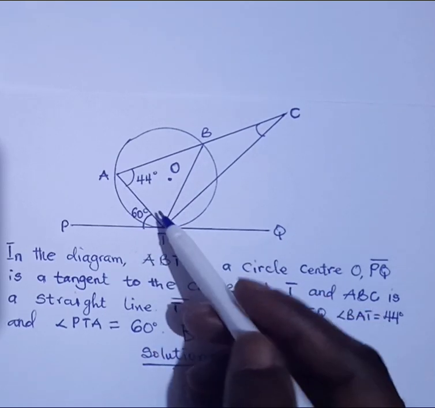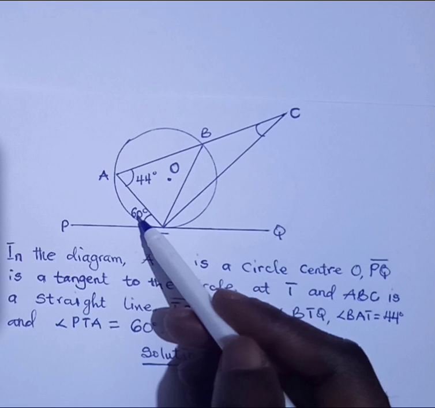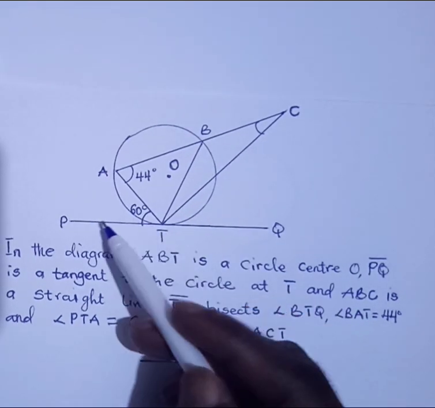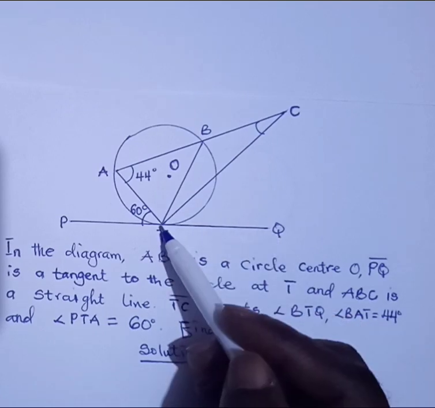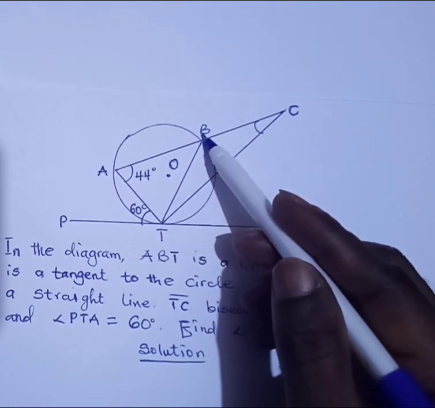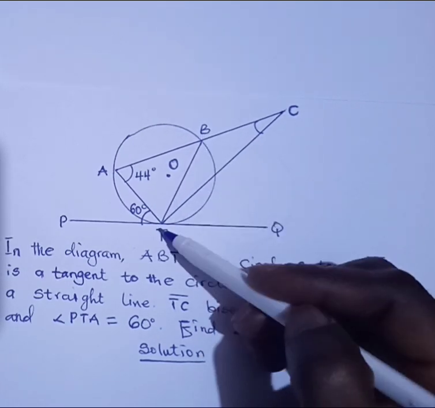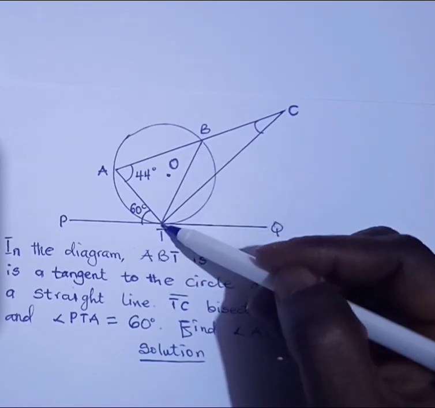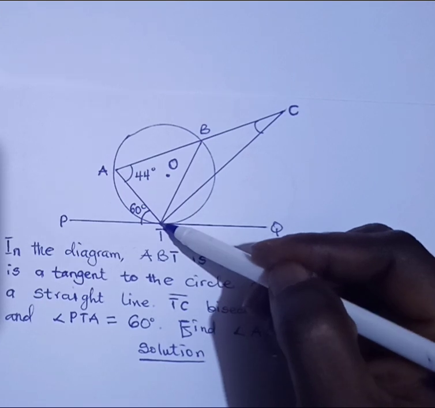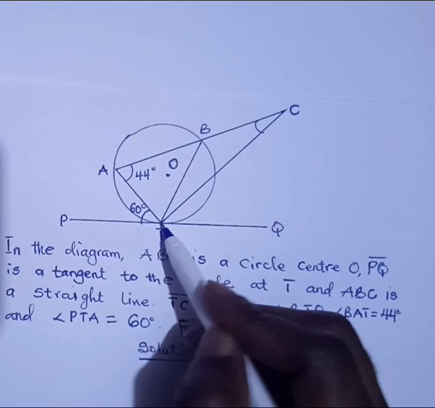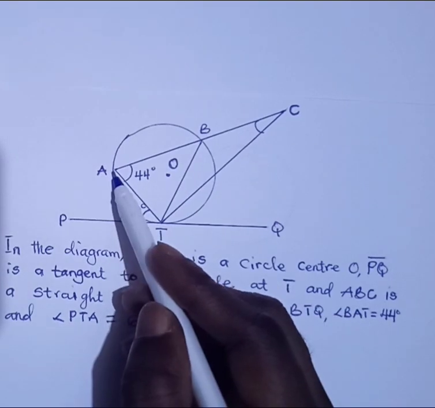So once we have these two angles, and this question also says PQ is a tangent to the circle at T. Now looking at this line from T to B, this line is what we call a chord. If this is a chord, then TA is also a chord.